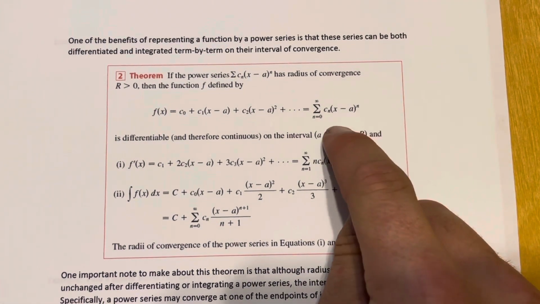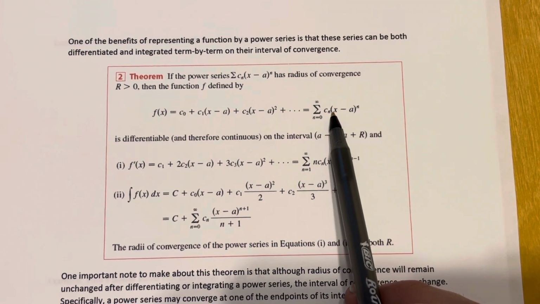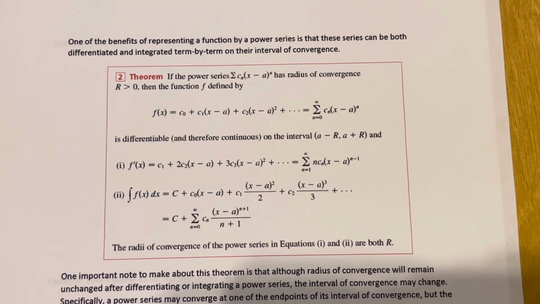But this power series is differentiable, and we differentiate it using what we call term-by-term differentiation. If you recall, we've been saying that you can think of power series basically as an infinite degree polynomial.